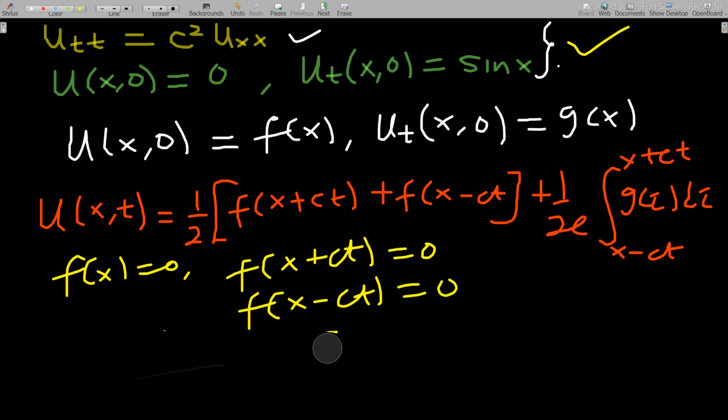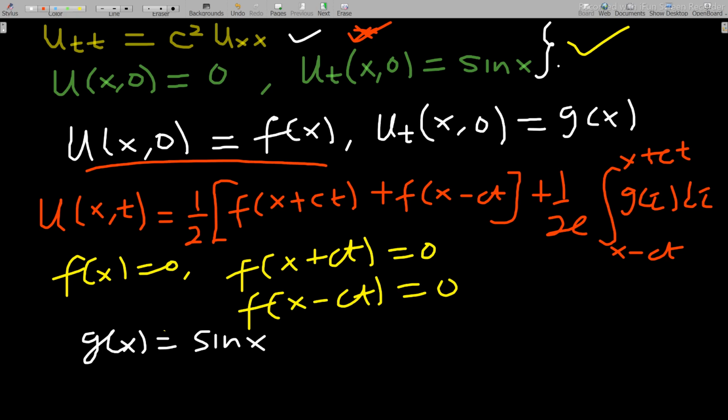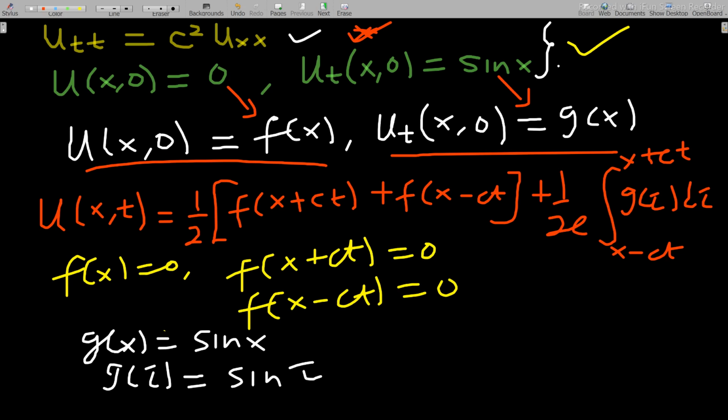Comparing to what we know, from D'Alembert's formula, the equation should be the same as the question we have here, but the conditions are u(x,0) equals f(x) and u_t(x,0) equals g(x). So for this particular question, g(x) is equal to sine x, which implies that g(tau) is equal to sine of tau. Very simple like that.